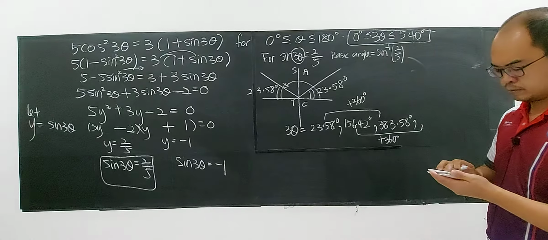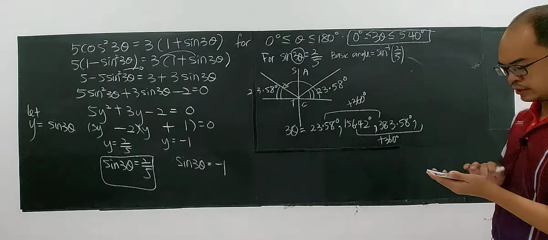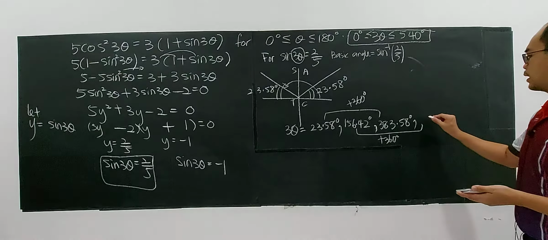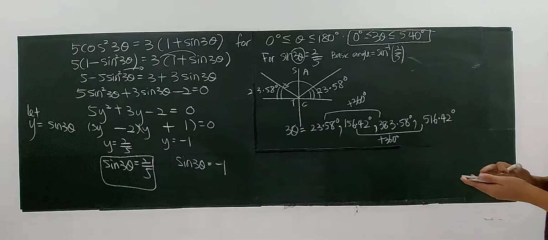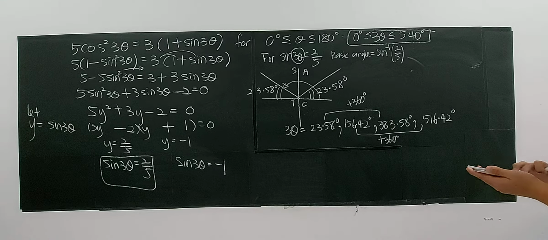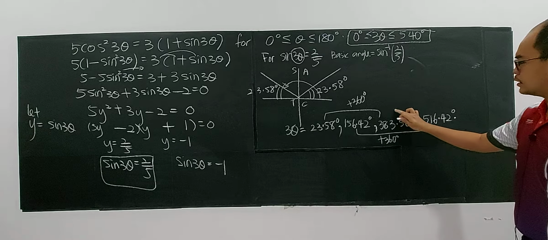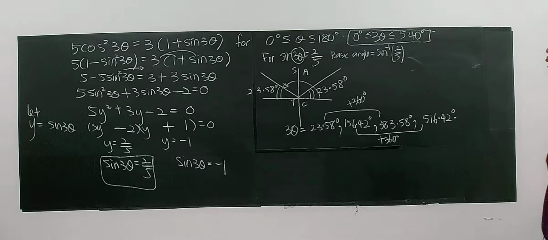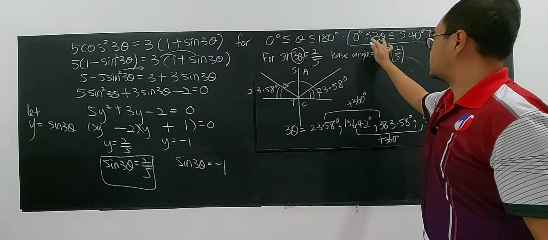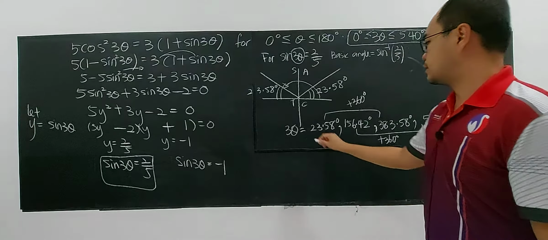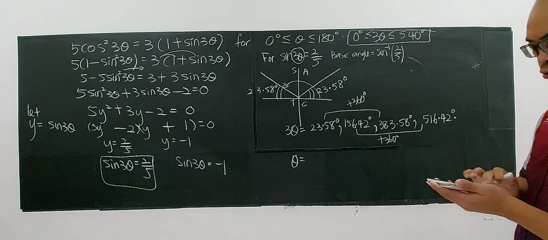The second value, 156.42 plus 360, gives 516.42 degrees, which is still acceptable. But adding 360 again already exceeds the range. So 3 theta accepts values from 0 up to 540, and theta can be everything here divided by 3.